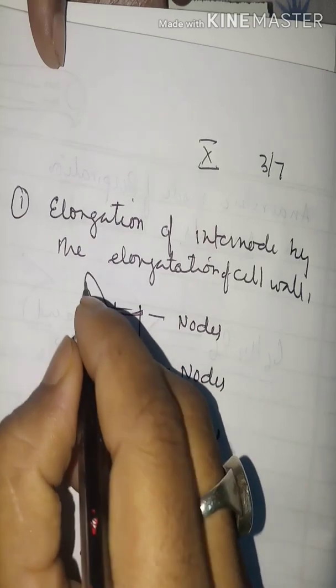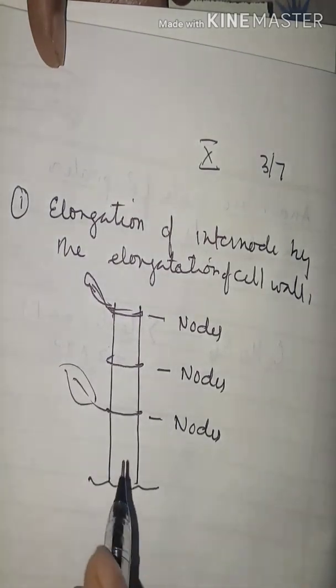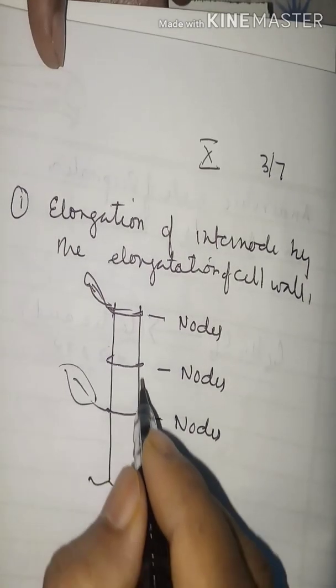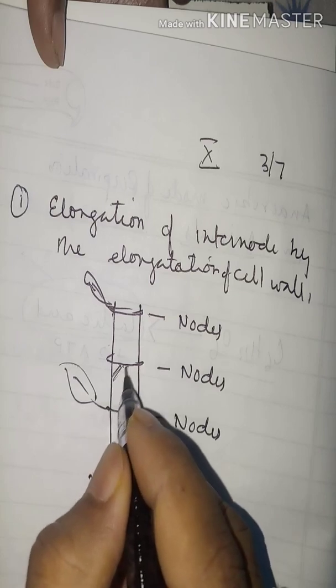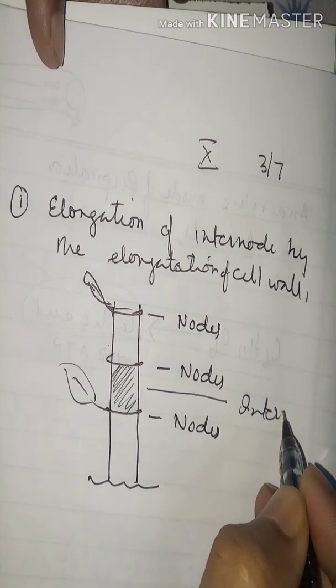So these are the positions where leaves grow, and the position between two nodes is known as the internode.